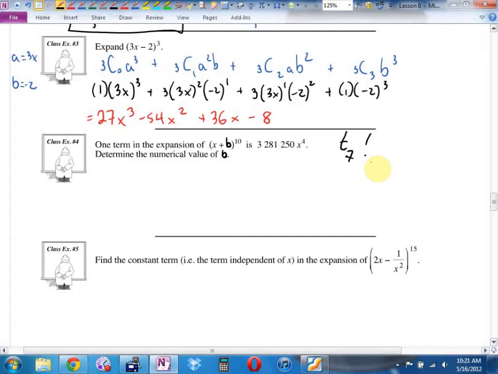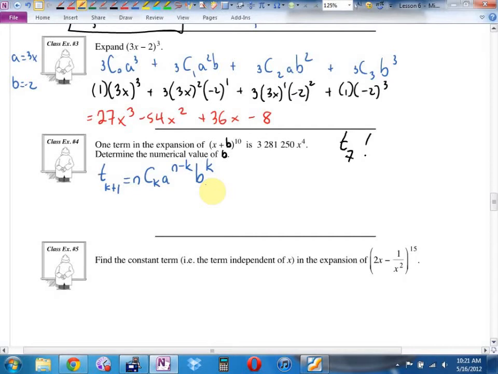The next thing, now that I know that it's term 7, Carly, I'm also going to use this bad boy here, which hopefully you had written at the top of the page, or you might have to turn back one page to get that. Term k plus 1 equals n choose k, a to the n minus k, b to the k. What's n?